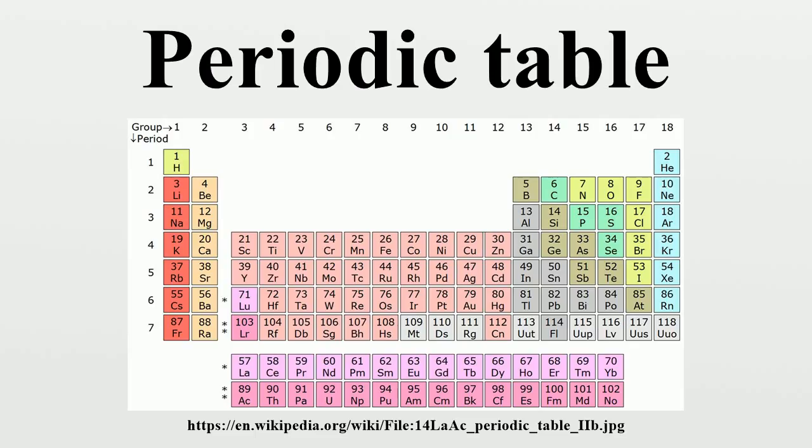The first 94 elements exist naturally, although some are found only in trace amounts and were synthesized in laboratories before being found in nature. Elements with atomic numbers from 95 to 118 have only been synthesized in laboratories. It has been shown that elements 95 to 100 once occurred in nature, but currently do not. Synthesis of elements having higher atomic numbers is being pursued.